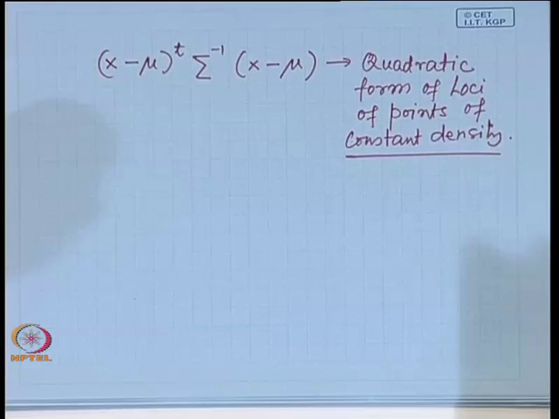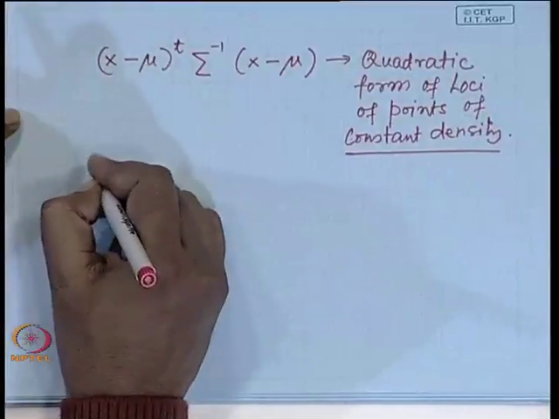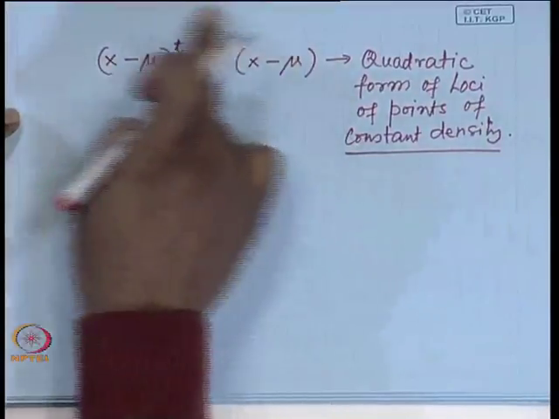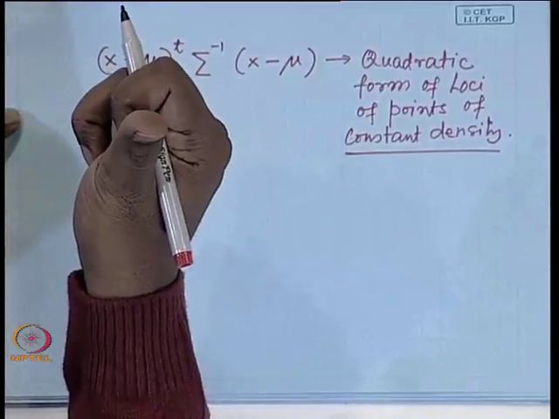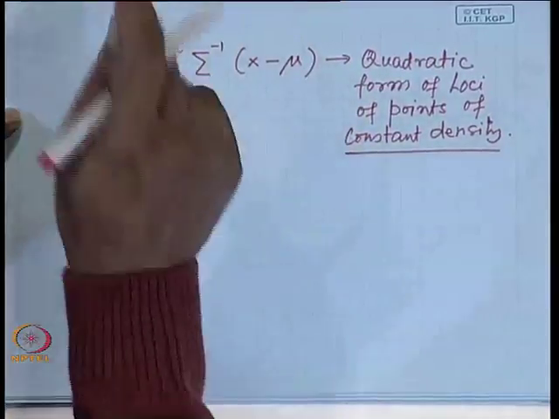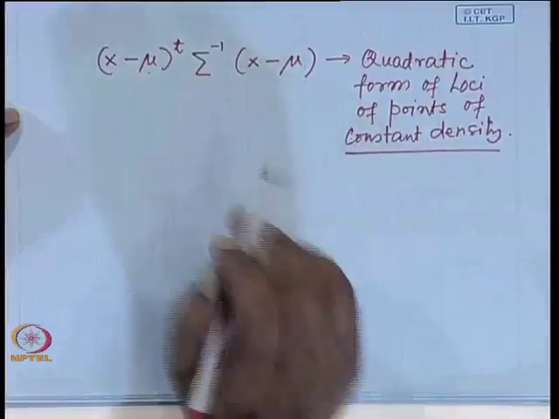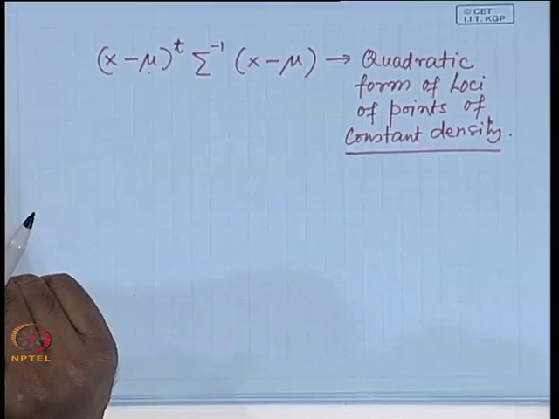Is that okay? And this term, the distance function, is actually nothing but the value of the distance from the centroid, right. So, mu gives you the center, the centroid, and x is the point lying on the periphery, and this term gives you the distance of x from mu. Okay.